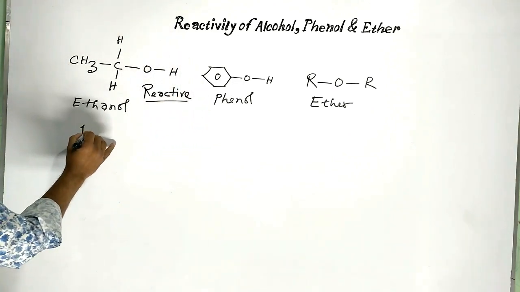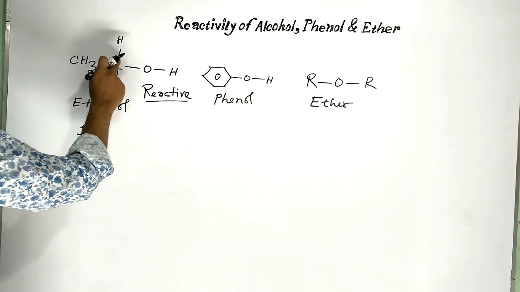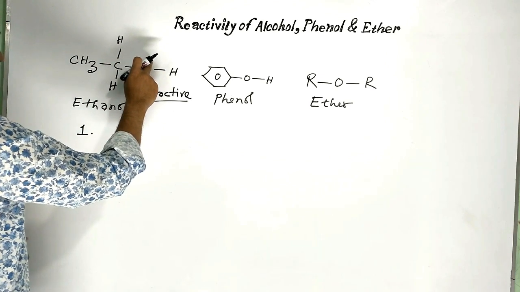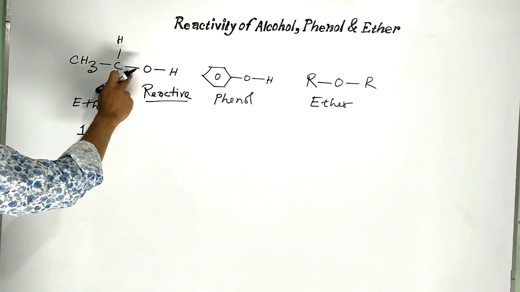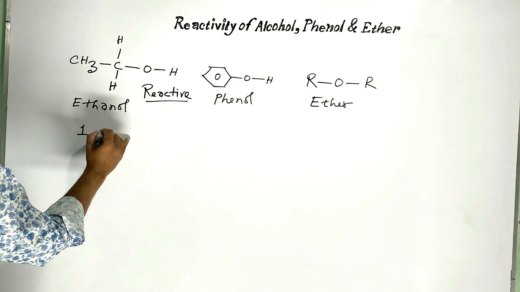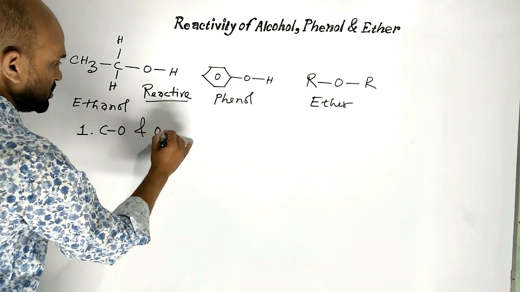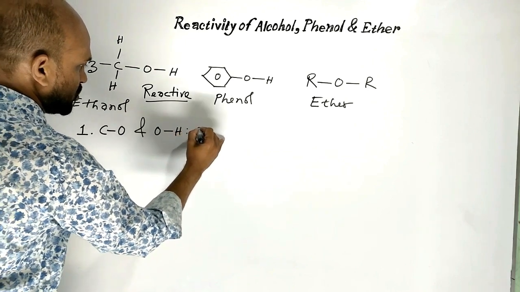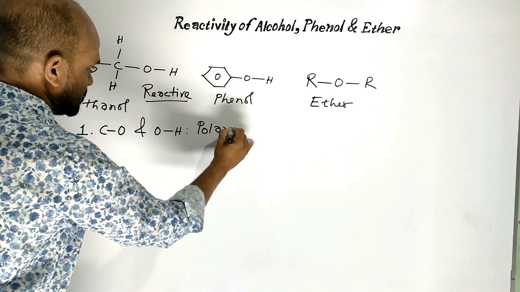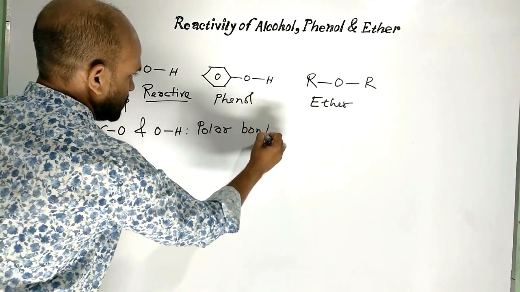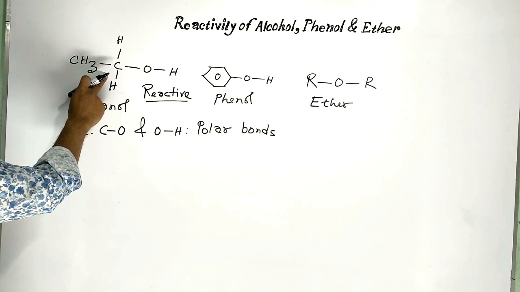Number one, in this compound, carbon oxygen bond and oxygen hydrogen bond, both the covalent bonds are polar bonds. That is why it's a kind of reactive compound.